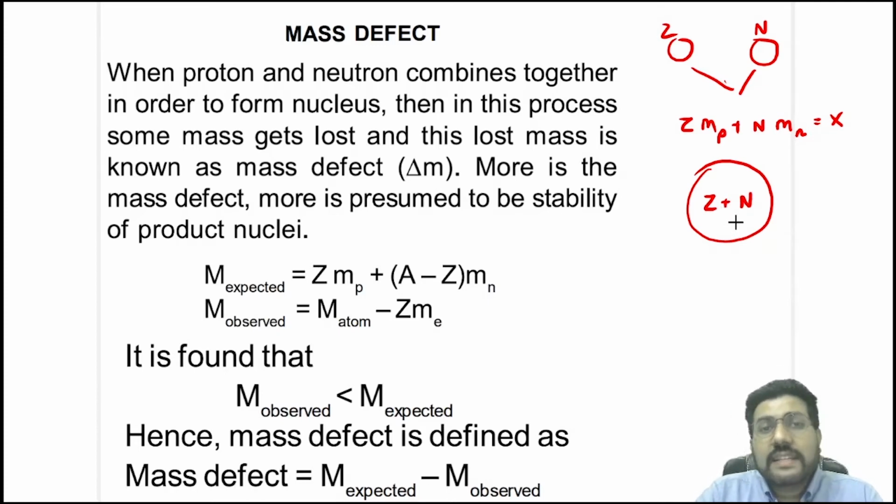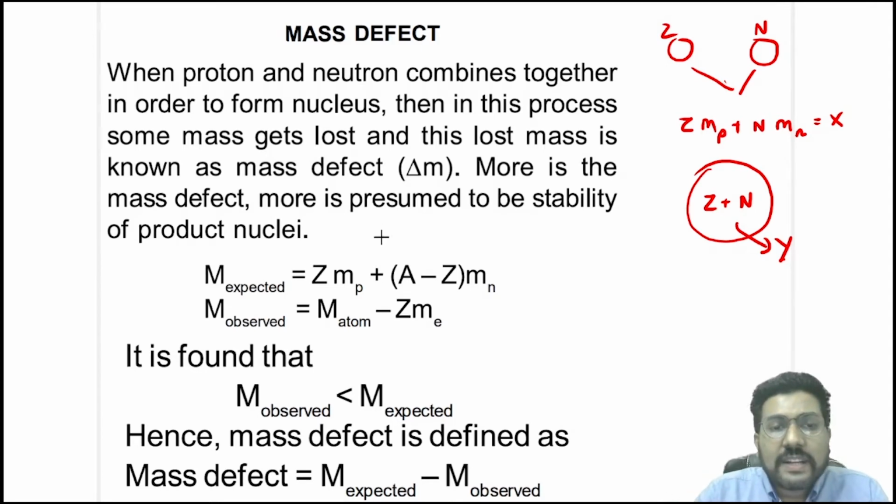The mass that is observed is not actually X, but it comes out to be Y. That means the mass has changed, and in fact it is observed that the mass has decreased. So whenever individual nucleons combine together to form a nucleus, mass decreases.